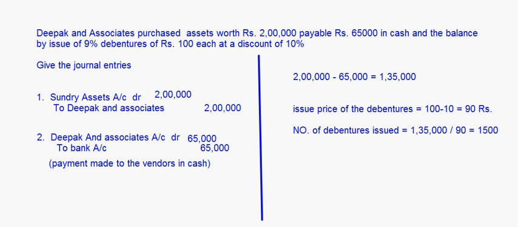Okay. Now the journal entry, this journal entry is made. Now the third journal entry, which is for issue of debenture. Vendor account debit. Now here I'll have only 1,35,000, right?